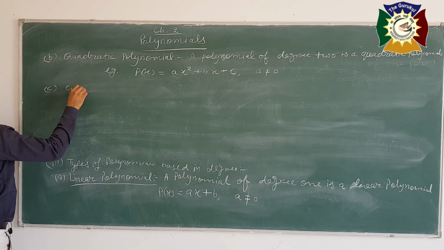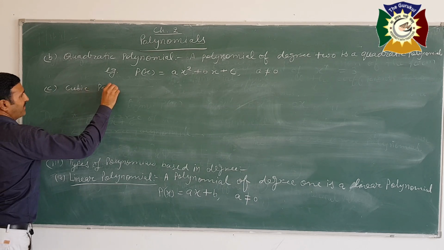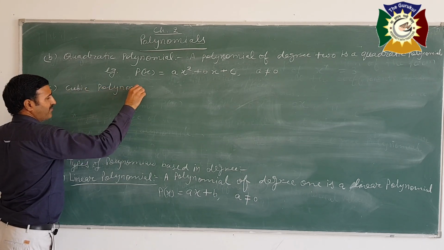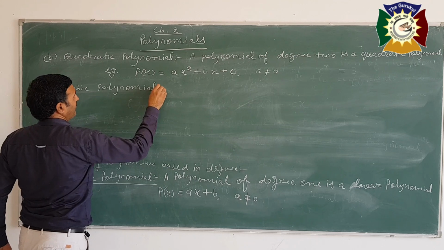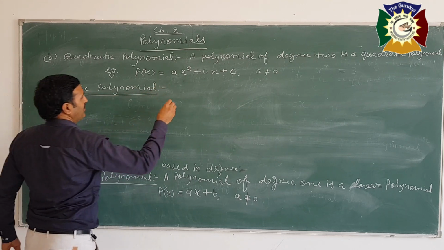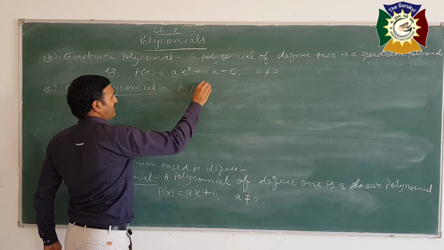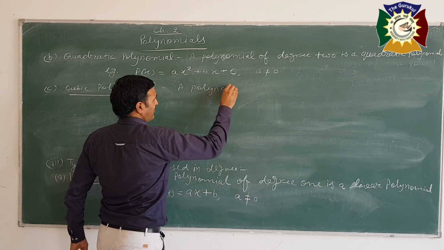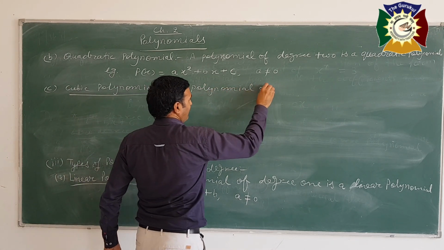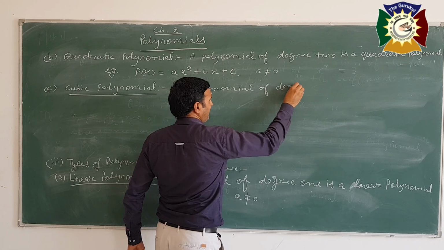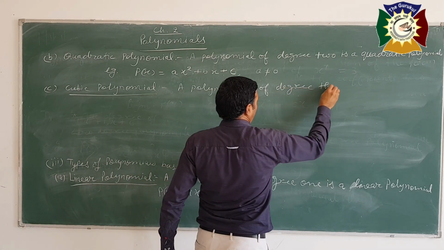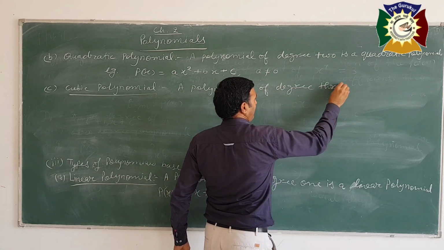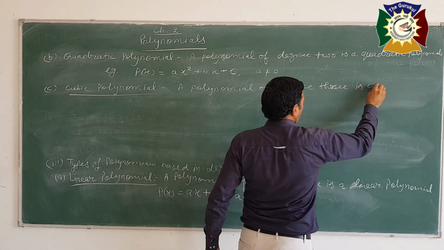Third one, cubic polynomial. A polynomial of degree 3 is a cubic polynomial.